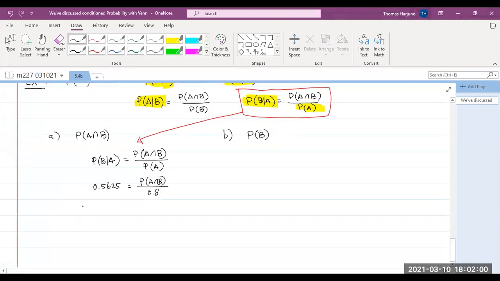Therefore, 0.5625 times 0.8 is probability of the intersection, which when we multiply, I think we get 0.45. Okay, now that's the probability of the intersection. Any questions so far?